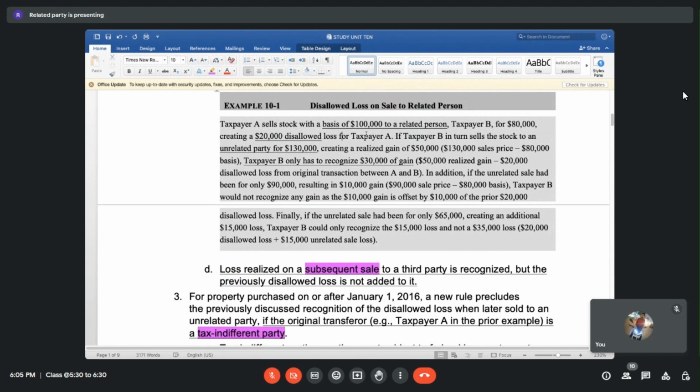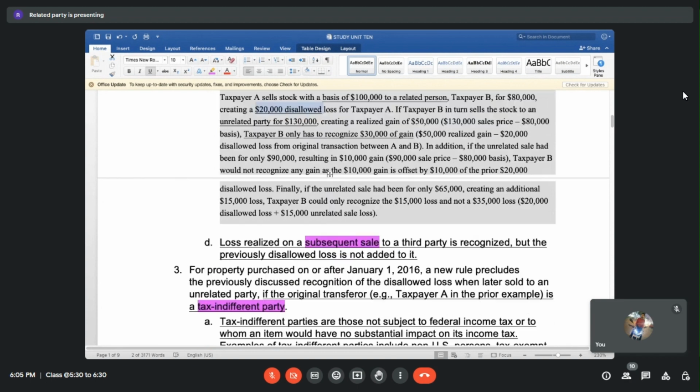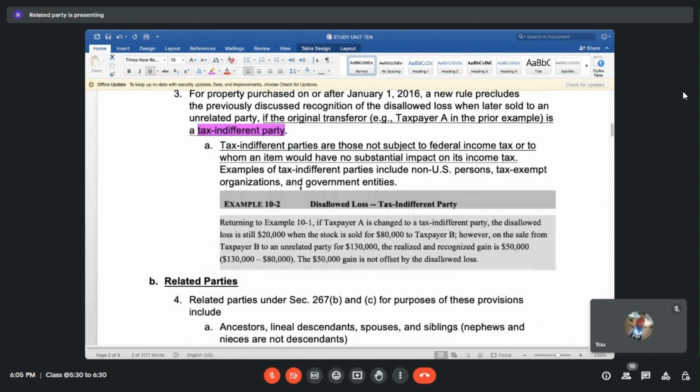Then in that case, IRS doesn't want to give a benefit to B, saying that later on when you sell your property at a gain, you can take advantage of this loss. IRS is saying it doesn't matter to A. It's not like he lost anything or had to incur extra tax liability because of our disallowance. Nobody's going through any hardship. Why should we give you an advantage? Let's read this example.